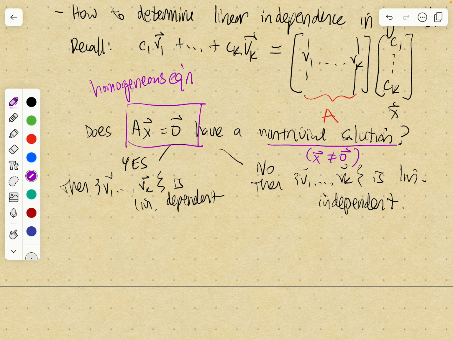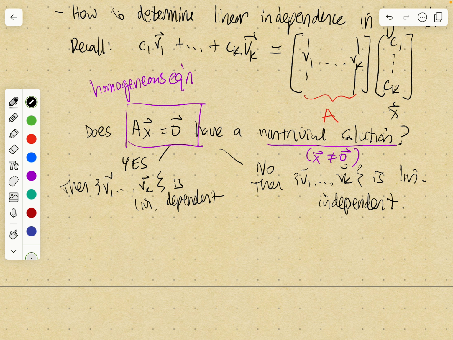Suppose there was a non-trivial solution. That means there are at least two solutions to your equation, because x equals the zero vector is a solution and your non-zero x is also a solution. If you have two solutions to a system of equations with real coefficients, you have infinitely many.